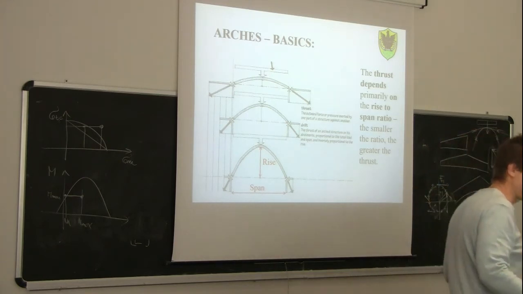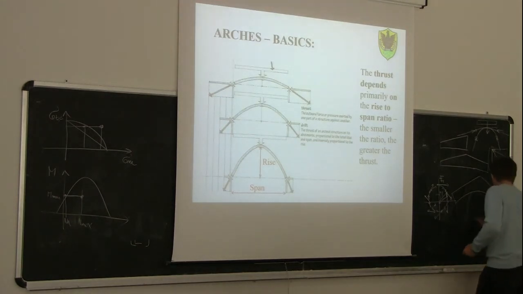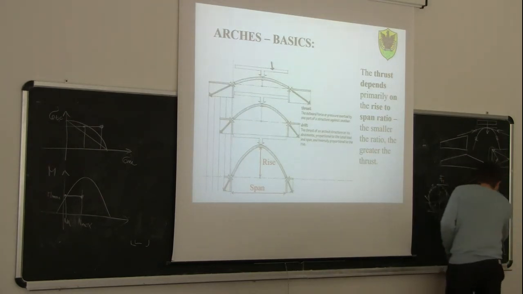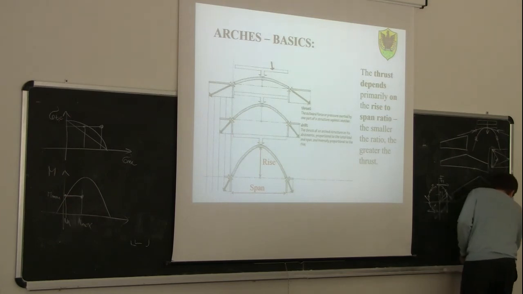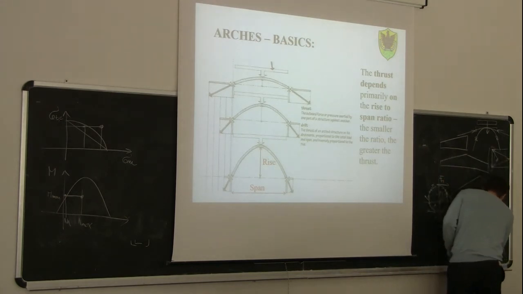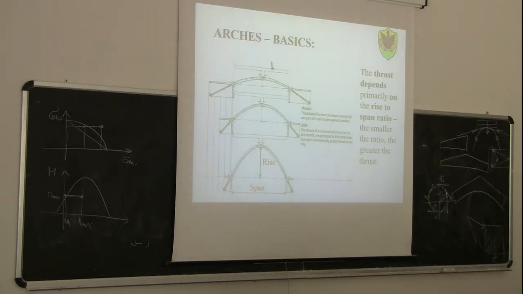And of course, the only way a foundation can resist a horizontal force like this is to make this foundation very big, in such a way that its self-weight will make this horizontal component more vertical, because the ground can mostly resist vertical load, not horizontal load. Of course, also for horizontal load, we need to put some inclined piles and so on.